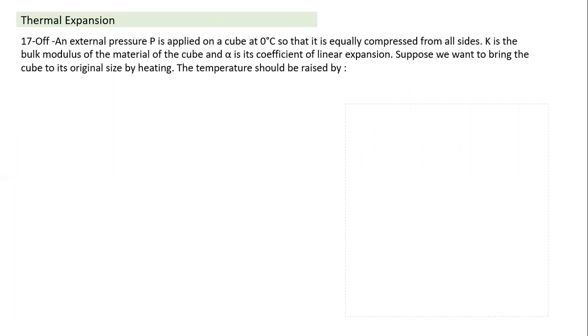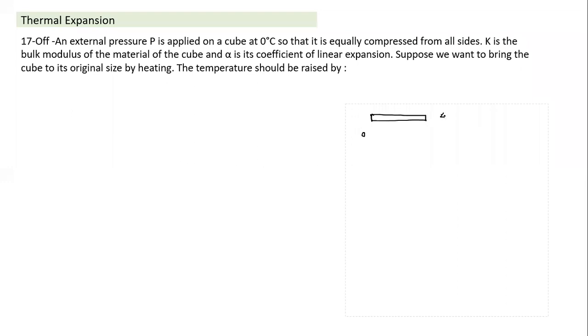If you recall, the first question we dealt with today was the length of the rod remaining the same. How does the length of the rod remain the same? Each rod or any material at a given temperature has a natural dimension, and this natural dimension changes with temperature. First we take linear dimension.